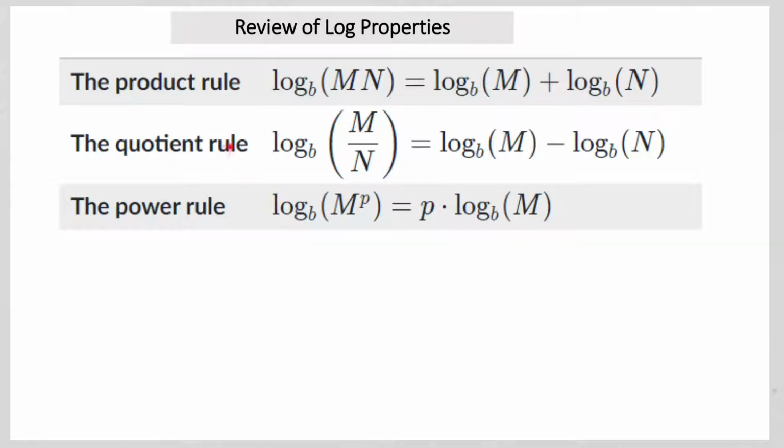And then we have the quotient rule, where if we take log to the base b of a quotient, the division is related to subtraction, just like it is with exponents.